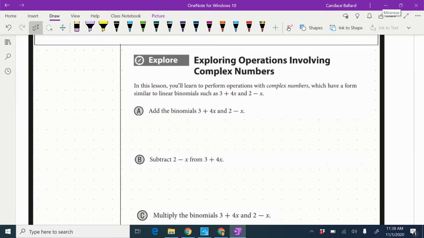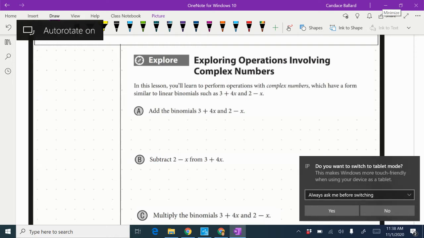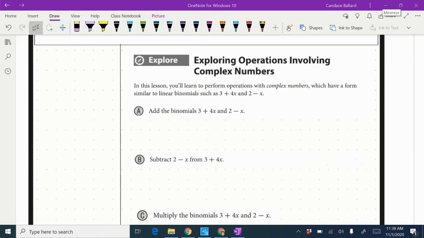So remember, a complex number is a number that could be part of the real system, but it also could involve the imaginary numbers as well. So we're going to start by just adding these two binomials up. So we're going to say 3 plus 4x plus 2 minus x.